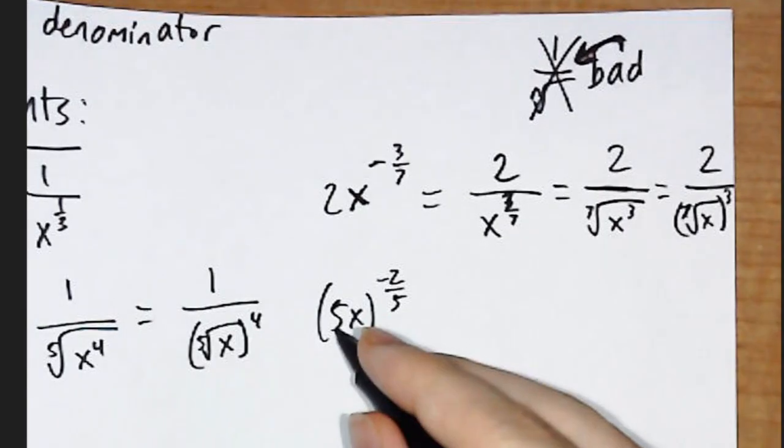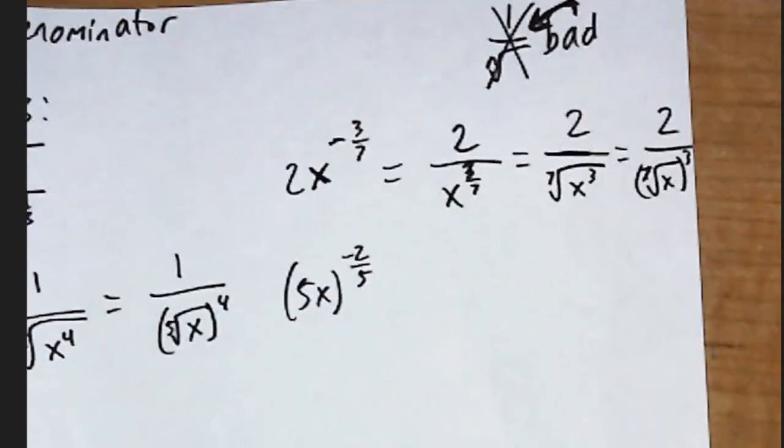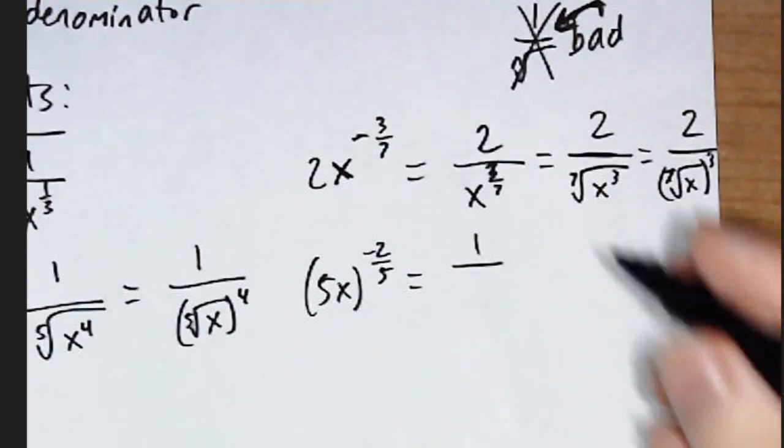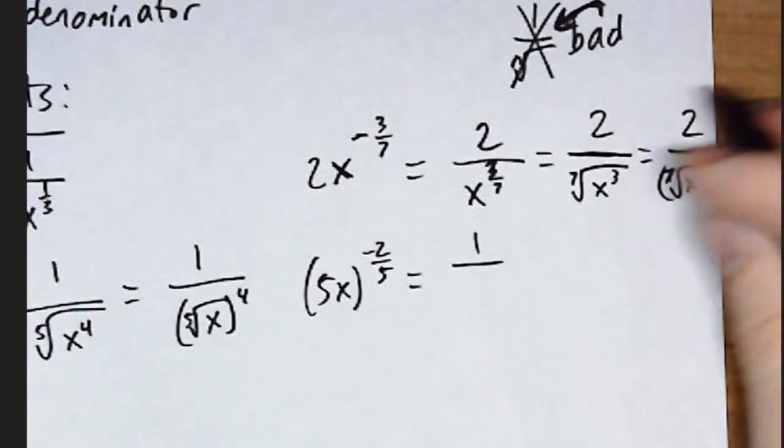Now in this case, the 5 is also being raised to the negative 2/5. So here we only have 1 up here because everything is being moved to the denominator.